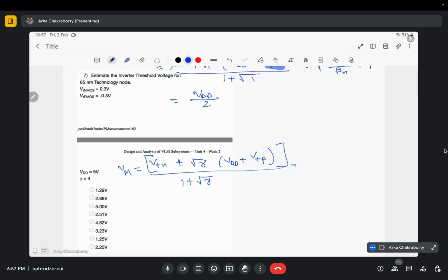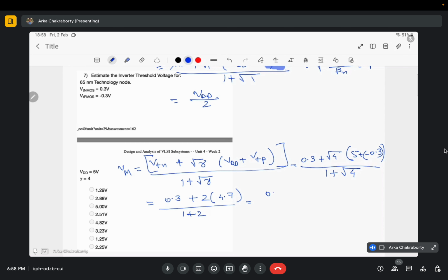Only mu C of W by L is given. So Vtn is 0.3 plus root under gamma, gamma is 4, so root under 4, Vdd is 5 volt and Vtp is minus 0.3, divided by 1 plus root under gamma. So you will get 0.3 plus 2 into 4.7 divided by 1 plus 2, 3.